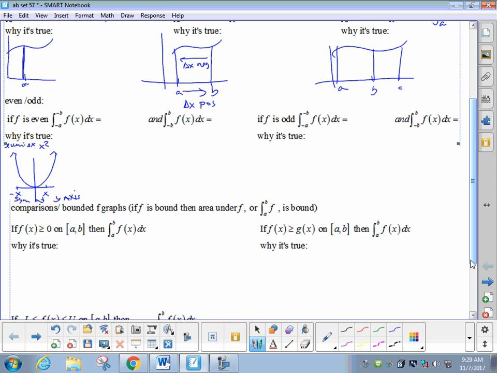Now let's talk then about integrals. If I went from, I'm going to need to draw this again. Will you change this from negative b to negative a, is what I wanted to say.